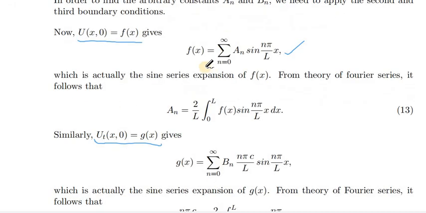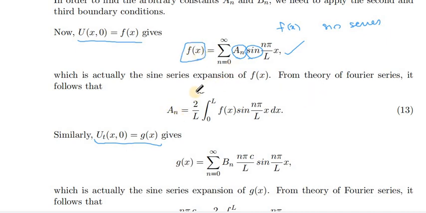That's why you are getting f(x) equal to a_n into sin(nπx/L). Now if you observe, you can see that the function f(x) has been written as a series of sine functions. So this is nothing but the function f(x) expressed as a Fourier sine series. So what are these a_n? a_n can be easily found in terms of f(x) using the Euler formula, right?